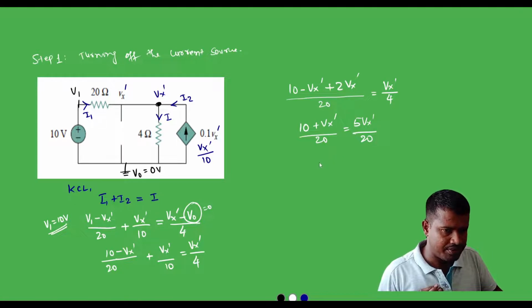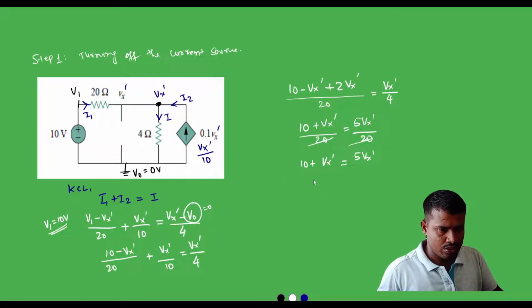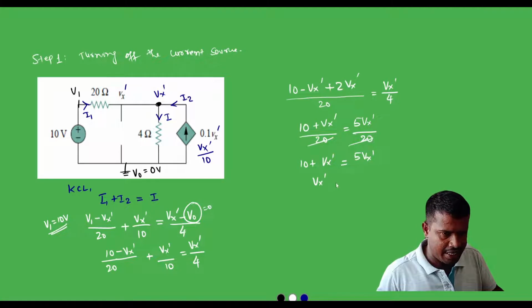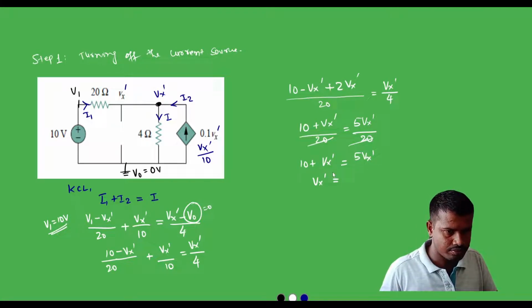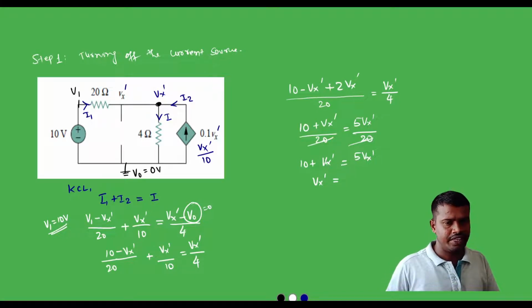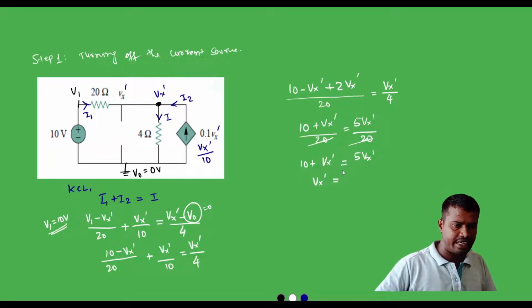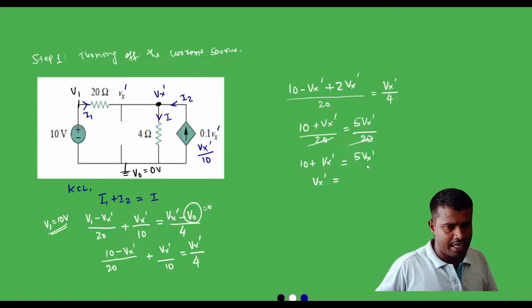So on further simplification of this equation, we can write 10 plus Vx prime is equal to 5Vx prime. As the denominator terms are equal, they can be cancelled. Correction: the positive Vx prime on the left hand side, when transferred to the right hand side of this equation, becomes a negative term.